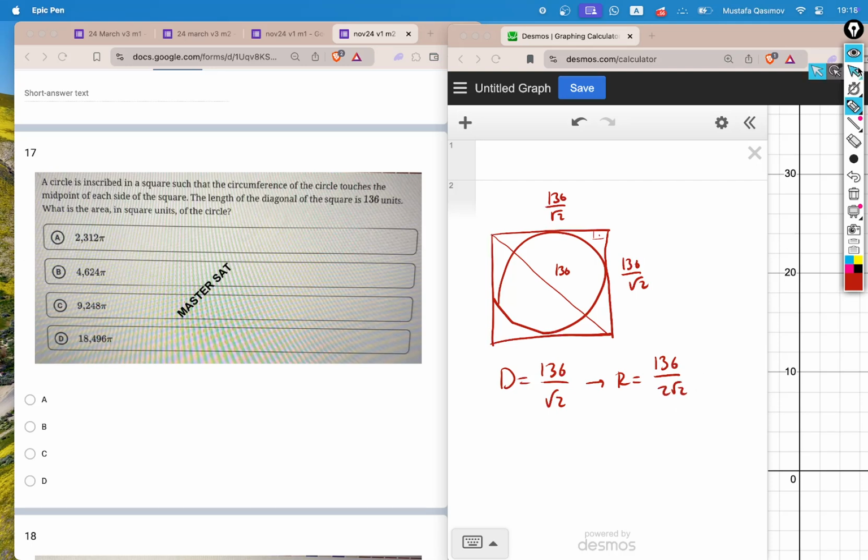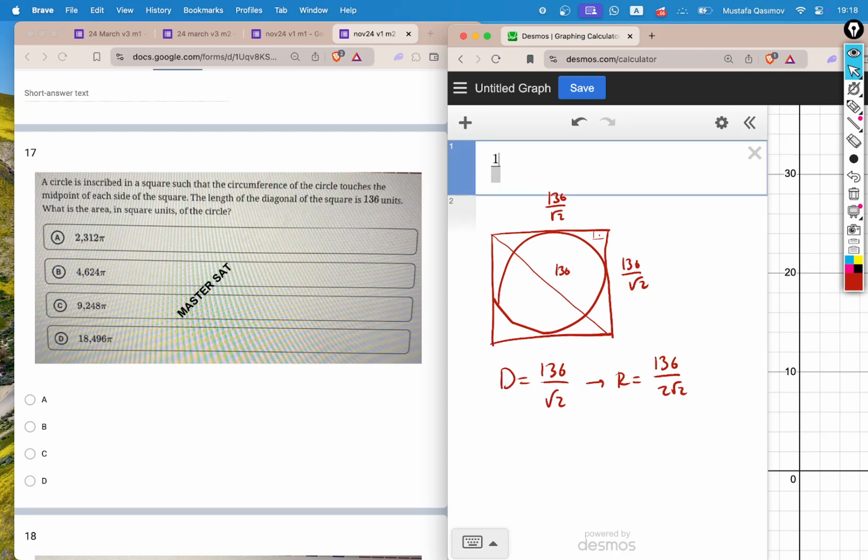Then let's write it in decimals, like pi square. So answer is 2312. Answer is A.